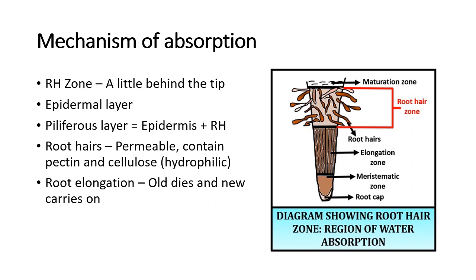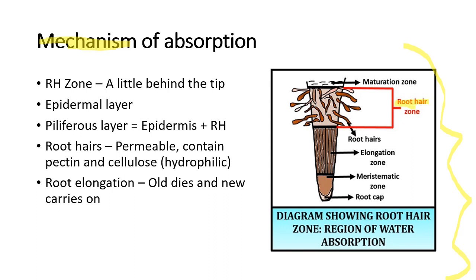So now before going directly into the mechanism, we will see the structures involved in the absorption, the root structures that are involved. We all know that the water is absorbed through the root hairs.